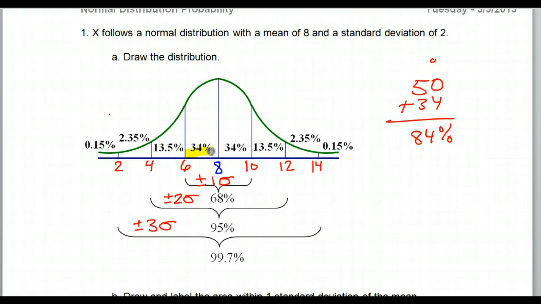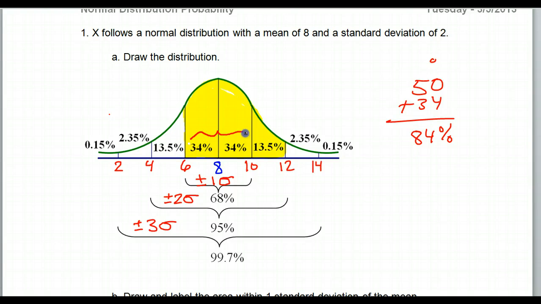Okay, so here's 6, here's 12. So this is the zone between 6 and 12. So this is the zone that we are talking about right now. So the probability will be the percent. Again, we could just either add up all these numbers, or if we can find some kind of a shortcut, that's great.